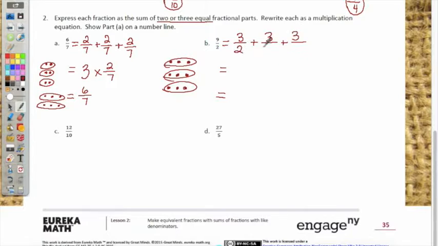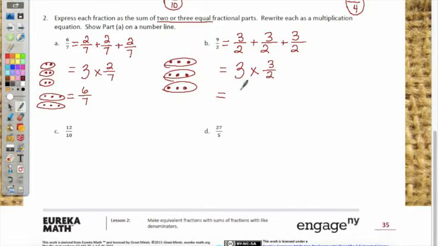Does my denominator even matter right now? Nope. All we're doing is repeated addition of the numerator. So how many copies of 3 halves do I have? 3 copies. That's my multiplication. So I've got repeated addition, multiplication, write the answer.